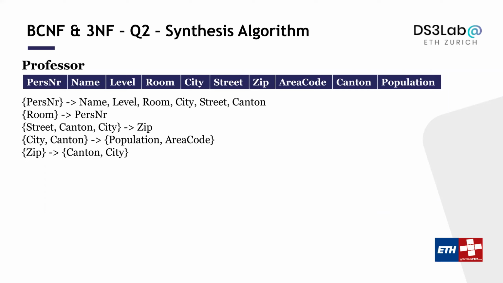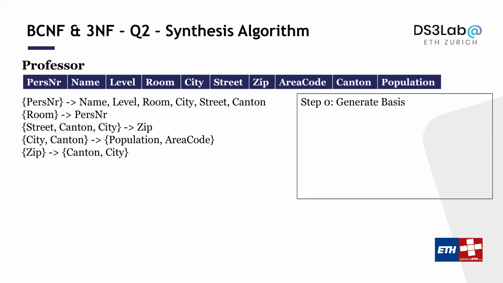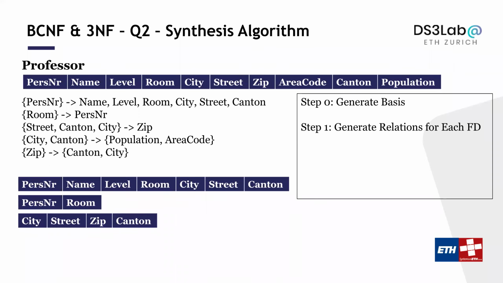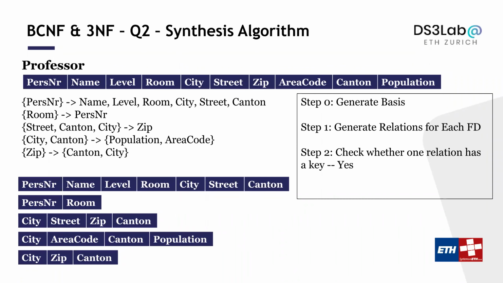Okay. Now let's look at a more complex example. Let's go back to this. So this is the same schema as what we had before. You have the professor table with all those FDs. So the first step of running the synthesizer algorithm here is to generate the basis. And then you generate one relation for each FD. So in this case, you are going to have something like this.